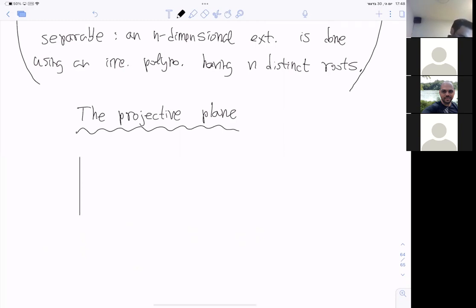Let me draw something here. Is it projective space or plane? A plane is a particular case. This is the Euclidean R3 space. Now, suppose we have a sphere here.